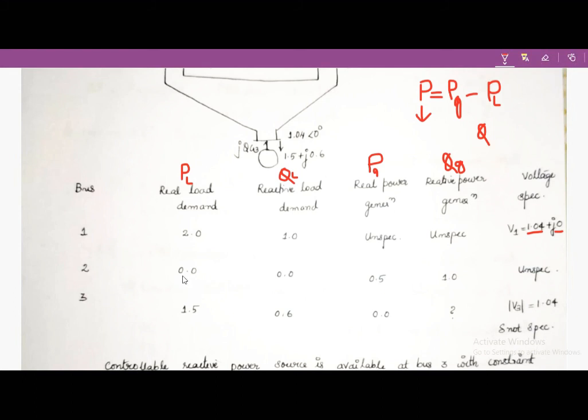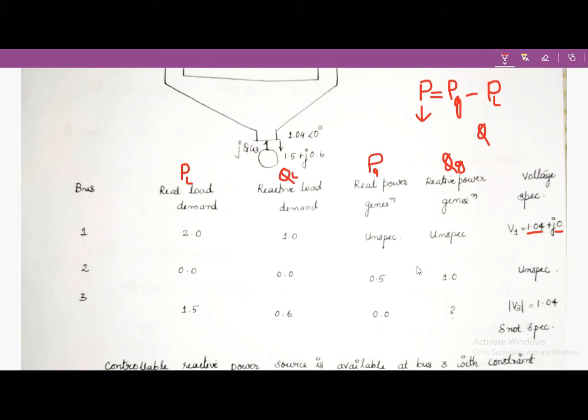So what is the net active power here? Active power generated minus active power load, that is 0.5 minus 0, which is 0.5. Again, reactive power generation is 1, reactive power demand or the load is 0. So the net reactive power is 1 minus 0.